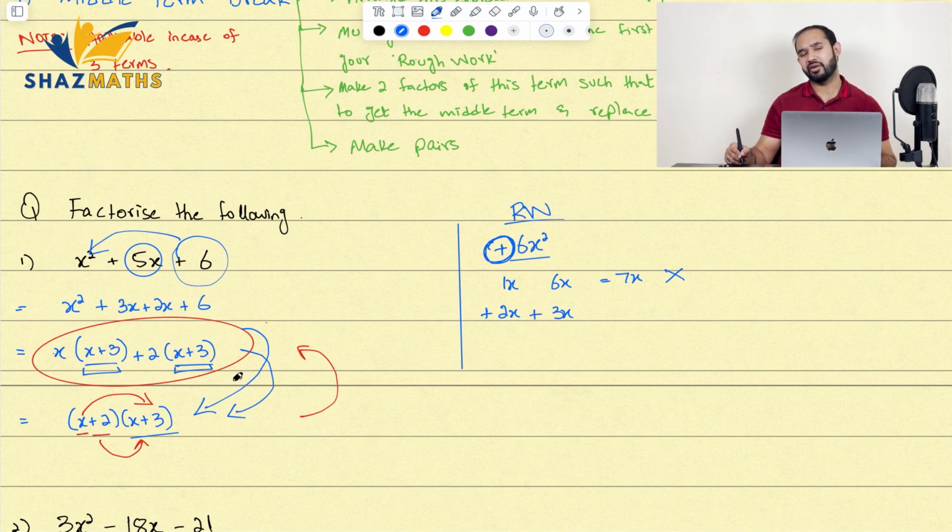Okay, so these are bits and pieces, or I would say just a few things that we always have to keep in mind whenever we are factorizing an expression, and especially an expression that contains 3 terms. Okay, let's apply the same steps and do a few more examples of factorization of 3 terms.